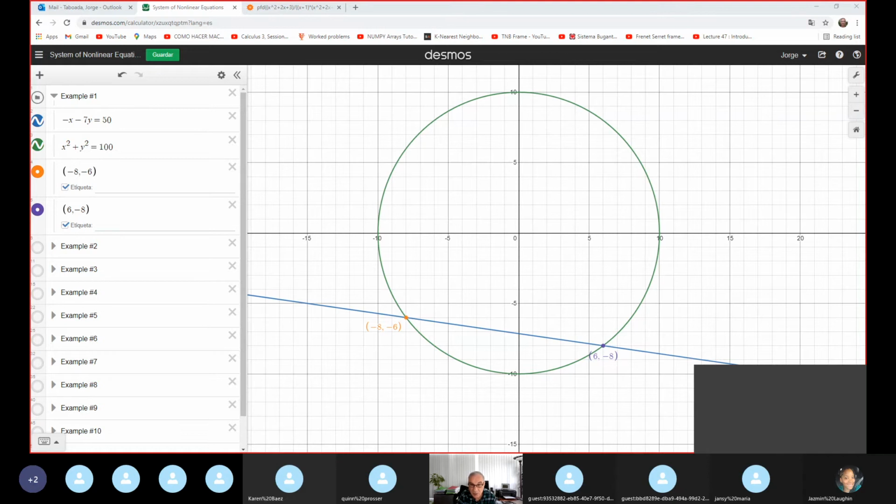So I take advantage of this moment to write the point. The point is 5, negative 5. Look, this is my x value, and this was my y value. And likewise, this is 5 minus 2 times negative 1, and 2 times negative 1 is negative 2, so positive is 7. And the point is negative 1, 7. And this is my solution set. Solution set is 5, negative 5, and negative 1, 7.